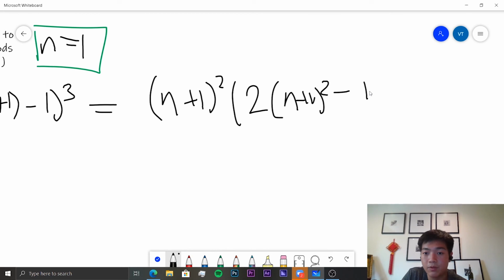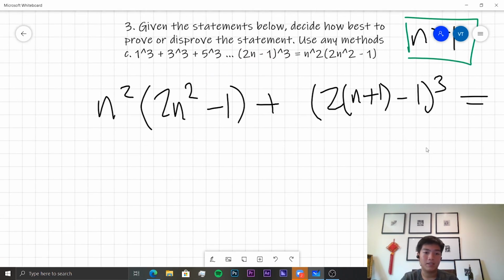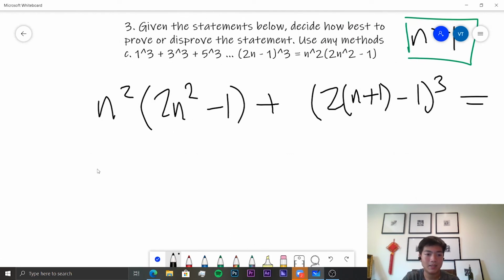So if we can prove that the left side equals the right side, then we have proved the inductive step. So first let's expand this, I guess.